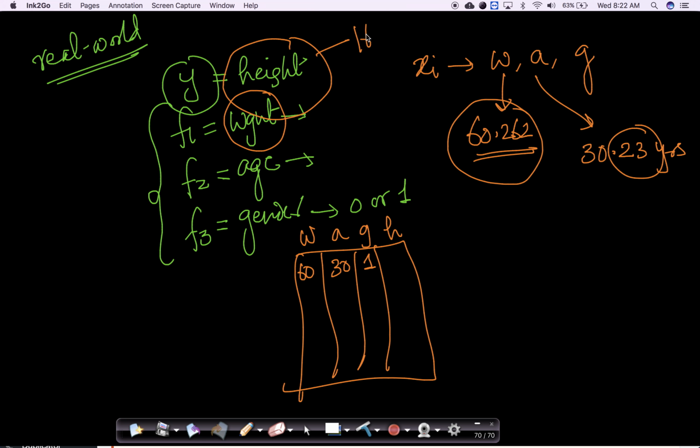Let's assume a person is 162.262 centimeters. We could just write it as 162 centimeters. This often happens. So what is happening in the real world is we are not encoding the original data as is. We're introducing a small error because of rounding or whatever. Here the error is occurring because of rounding.